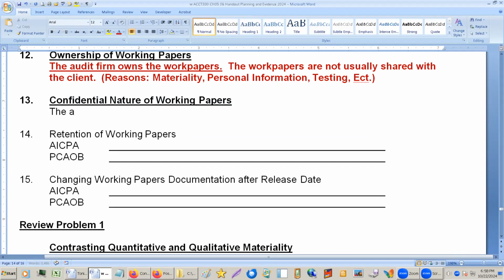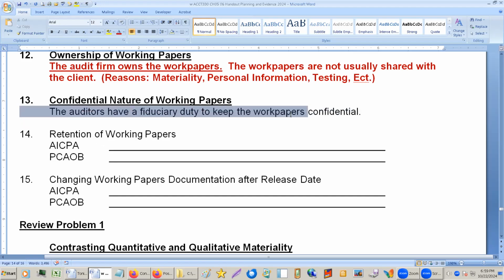Auditors have a fiduciary duty to keep the work papers confidential. Even though you own them, you don't put them on the internet or anything like that and have people look at them. So these are kept confidential.